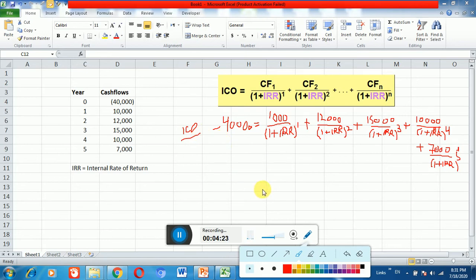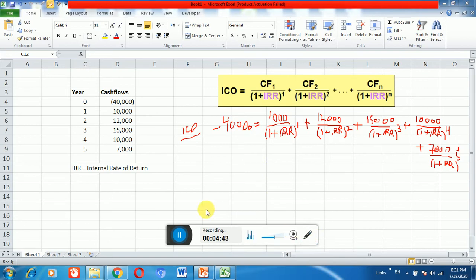It is really difficult to do the math and find out this IRR value, the rate that equates the present value of all the future cash flows with the initial cash outflow. So dear students, we are using the method of interpolation. In this method we have some steps.